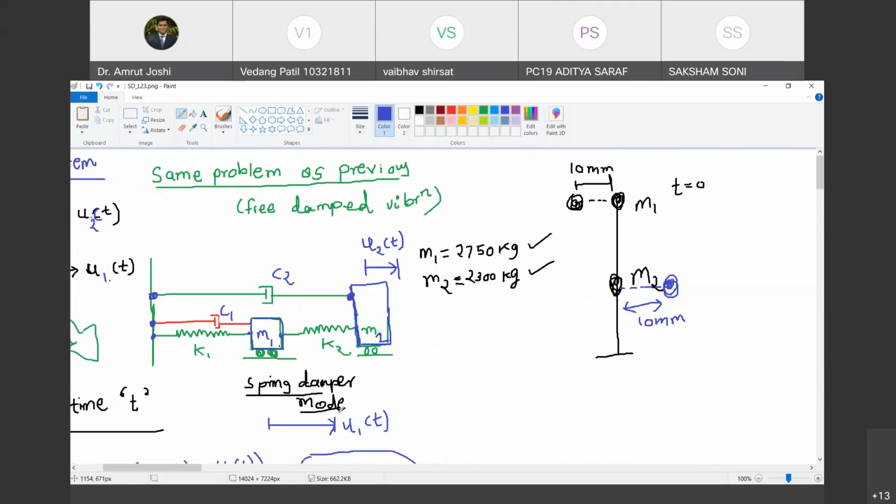What can be the more general form of the damping matrix? It will be mass and stiffness proportional damping.